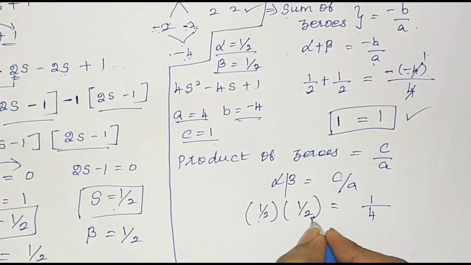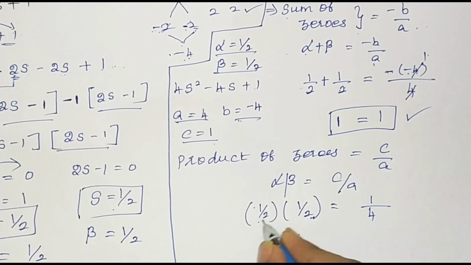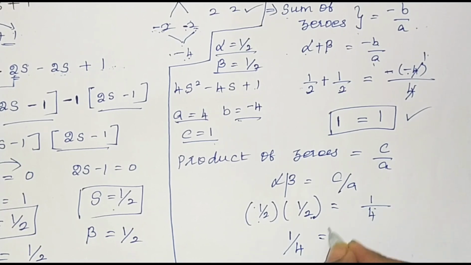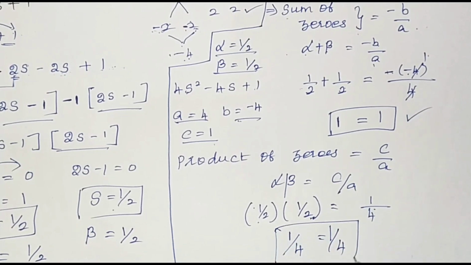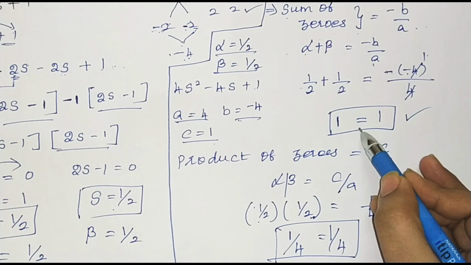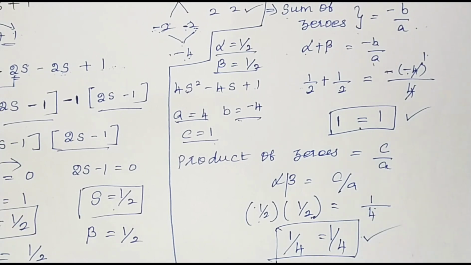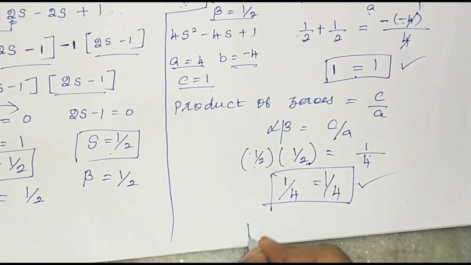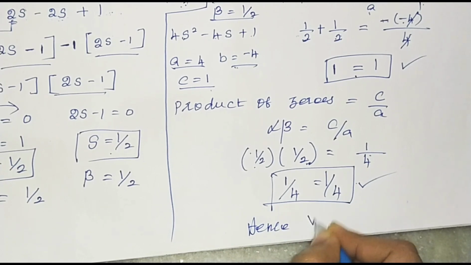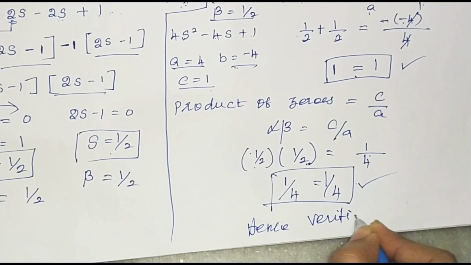So 1 by 2 and 1 by 2 you multiply: numerator we multiply, denominator we multiply. 1 into 1 is 1, 2 2s are 4, equal to 1 by 4. So 1 by 4 equal to 1 by 4. So the sum of zeros is verified, the product of zeros is also verified. Then we can write, hence verified. That's all. Hence verified.